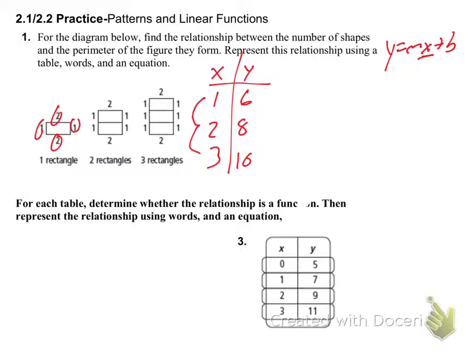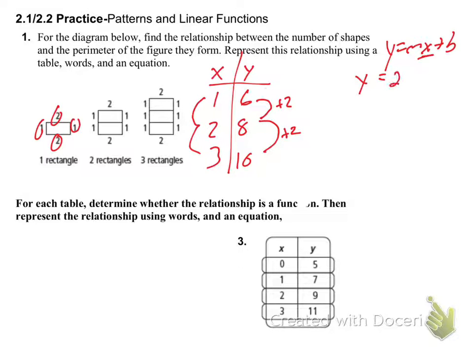So y is equal to, I don't know what my m is yet. Oh, I'm sorry. Yes, I do know what my m is because I go here and I see it's plus 2 each time. So that's my slope, right?